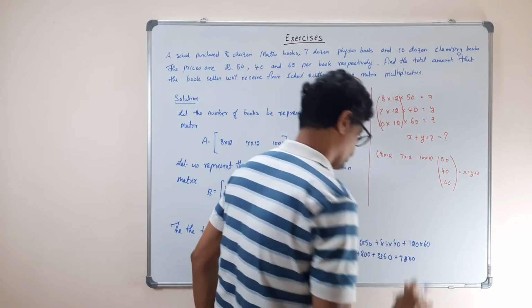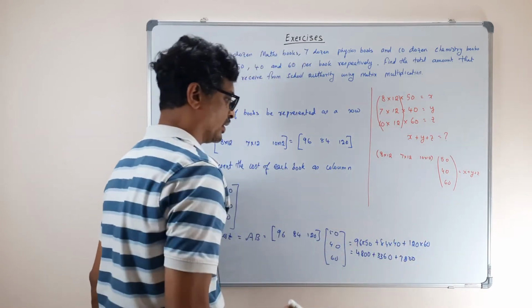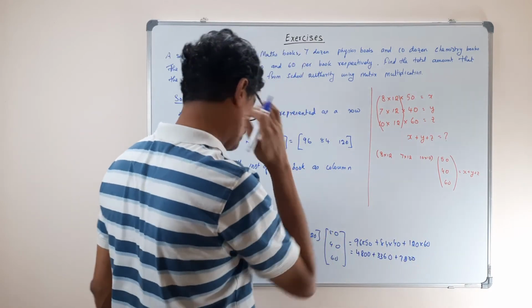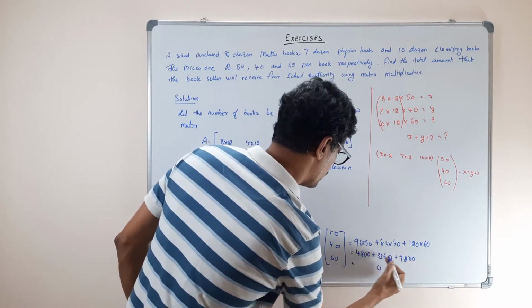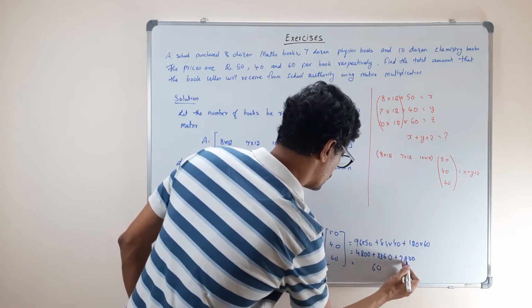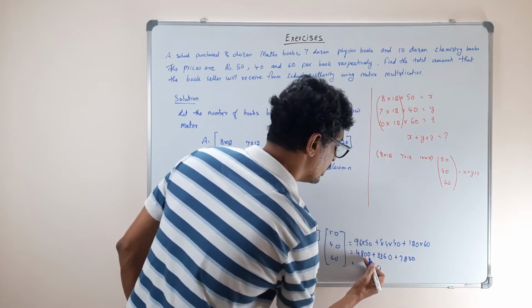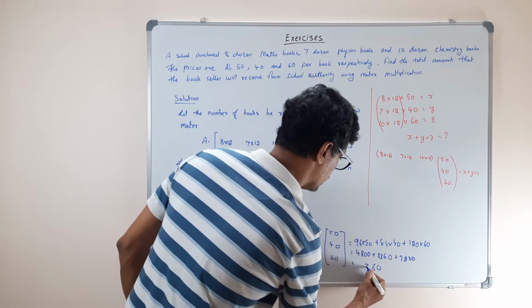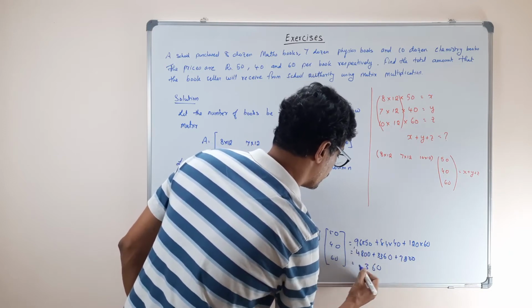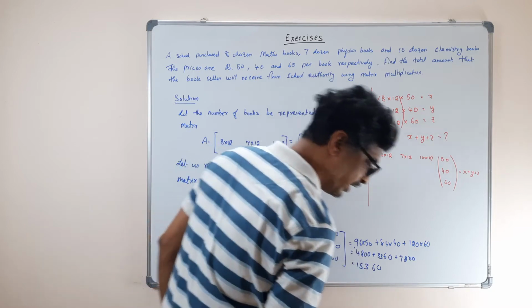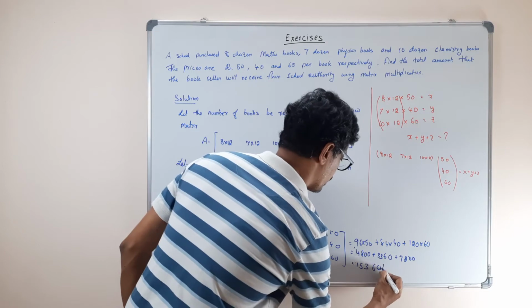What is the total sum? 4,800 plus 3,360 plus 7,200 is 15,360, correct? So this is the rupees.